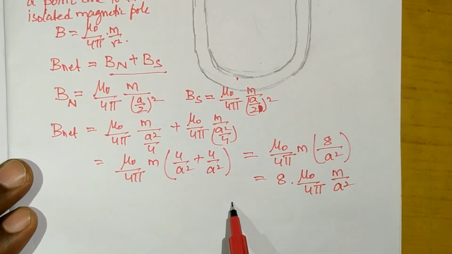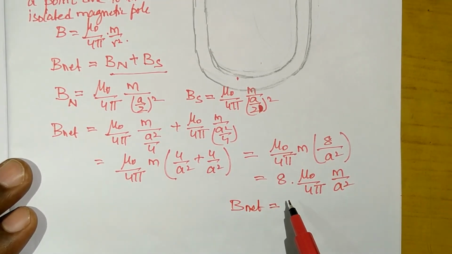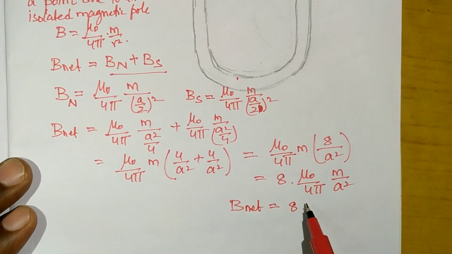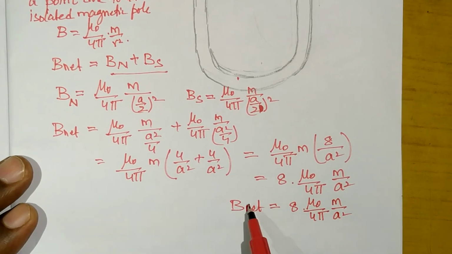So this is nothing but the resultant magnetic induction at the center of a U-shaped magnet, which is 8 times, we can write it as, 8 times the magnetic induction, that is 8 times mu naught by 4 pi M by A square.